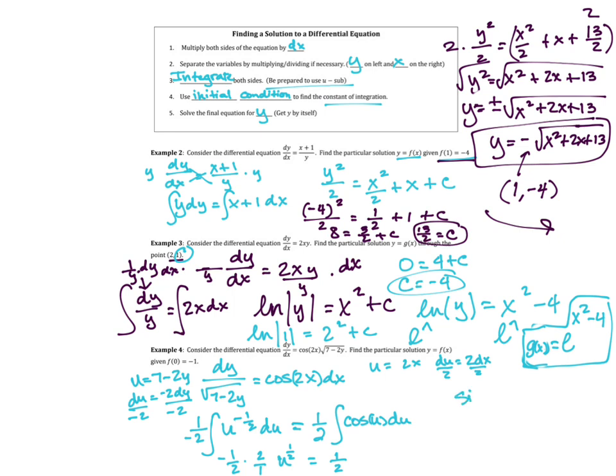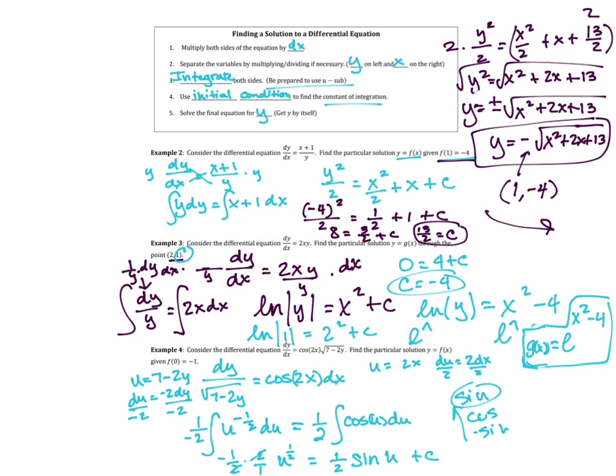I guess sine, cosine, negative sine. Need like blank paper. I don't have room. So I've got negative u to the 1/2 equals half sine u plus c.